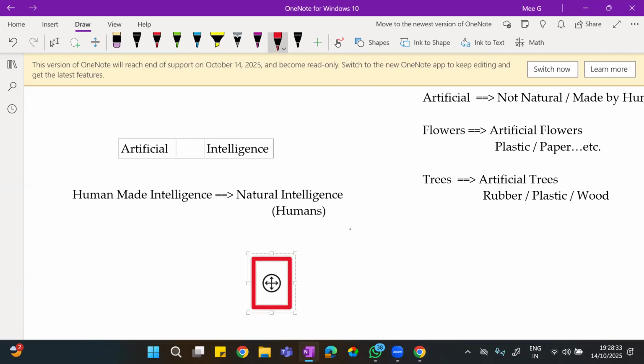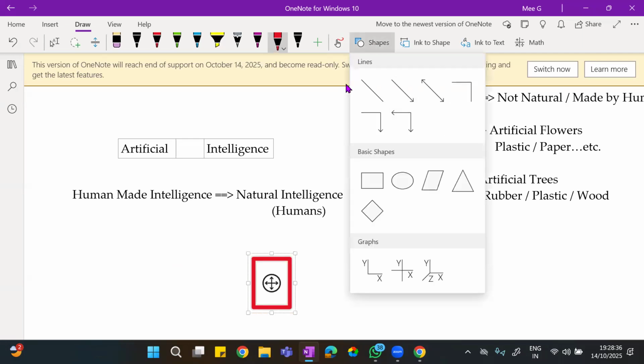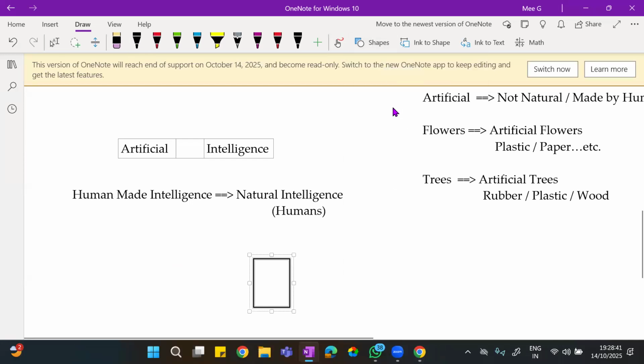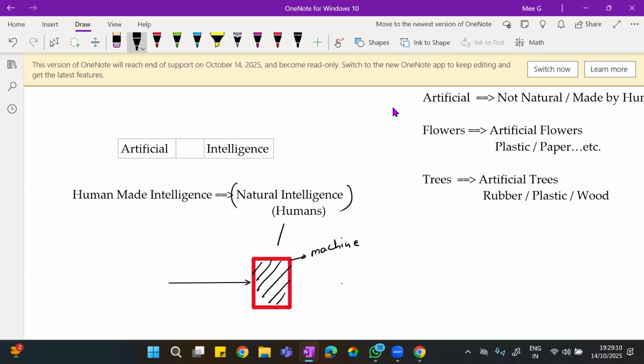To this machine, we are passing the intelligence. Once we pass the intelligence, this machine will become intelligent, and it will start performing tasks like humans.